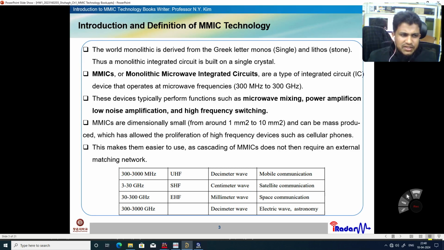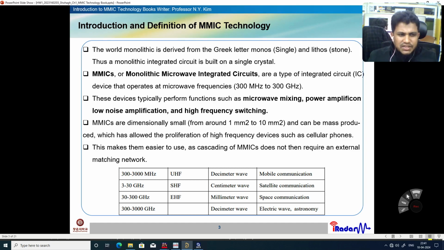These devices basically perform functions such as microwave mixing, power amplification, low noise amplification with an LNA, and high frequency switching, used in RF and microwave communications. MMICs are dimensionally very small, around 1 square millimeter to 10 square millimeters, and are also mass produced, which has allowed a proliferation of high frequency devices such as cellular phones.